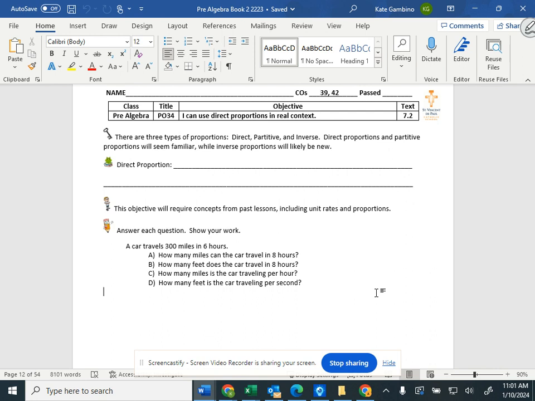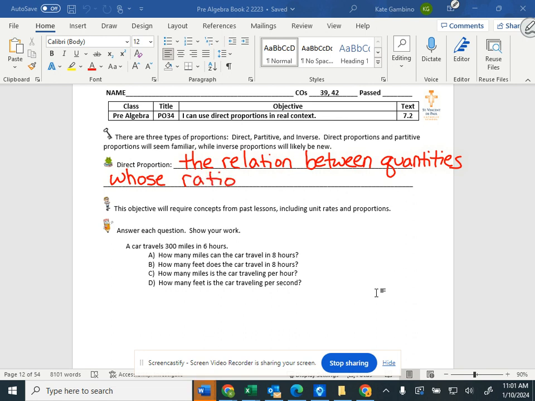A direct proportion is the relation between quantities whose ratio is constant. So a direct proportion is the relation between quantities whose ratio is constant.